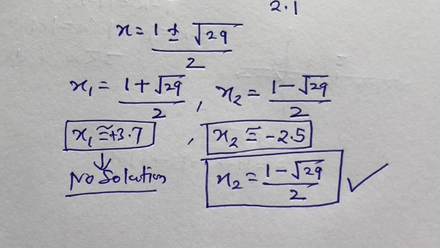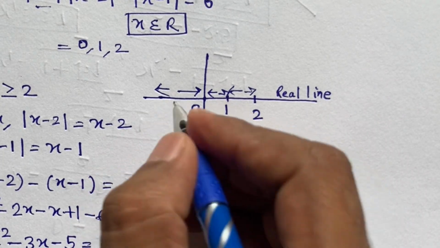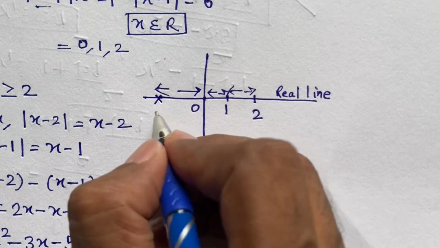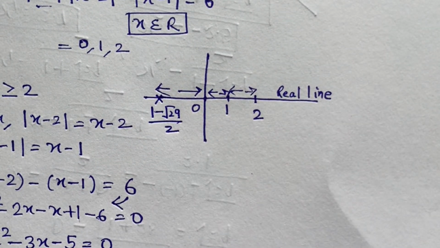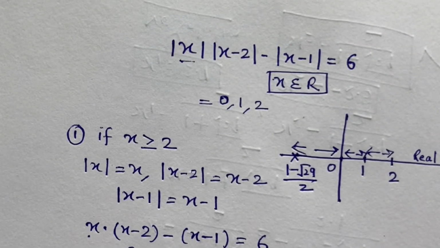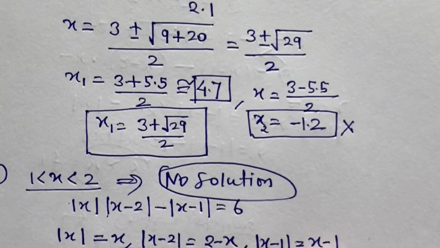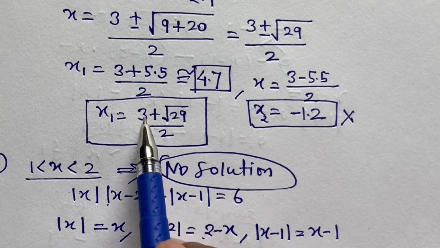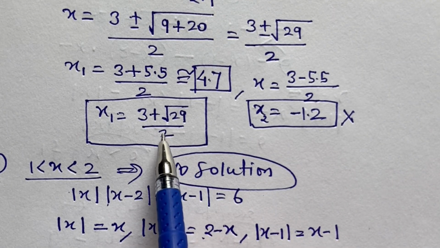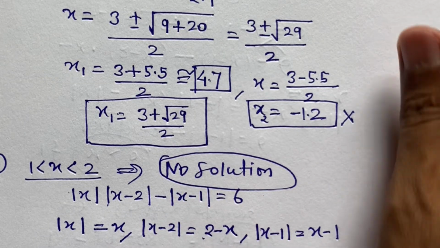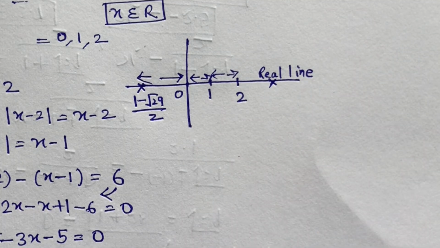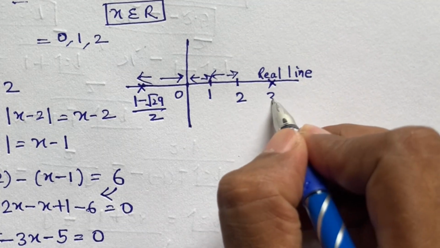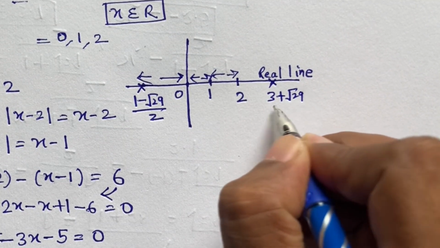So one solution we have found is 1 minus square root of 29 divided by 2. And another solution we got when x was greater than or equal to 2, and our solution was 3 plus square root of 29 divided by 2, which was around 4.7.